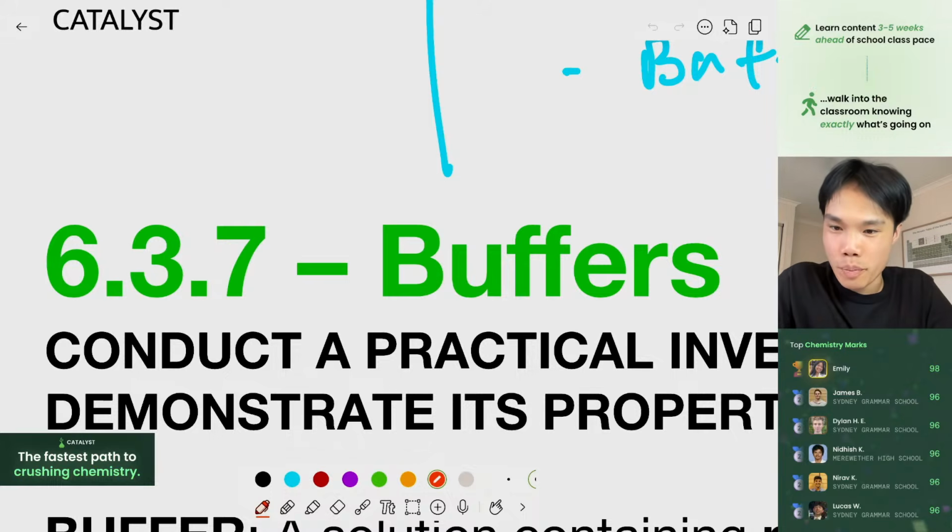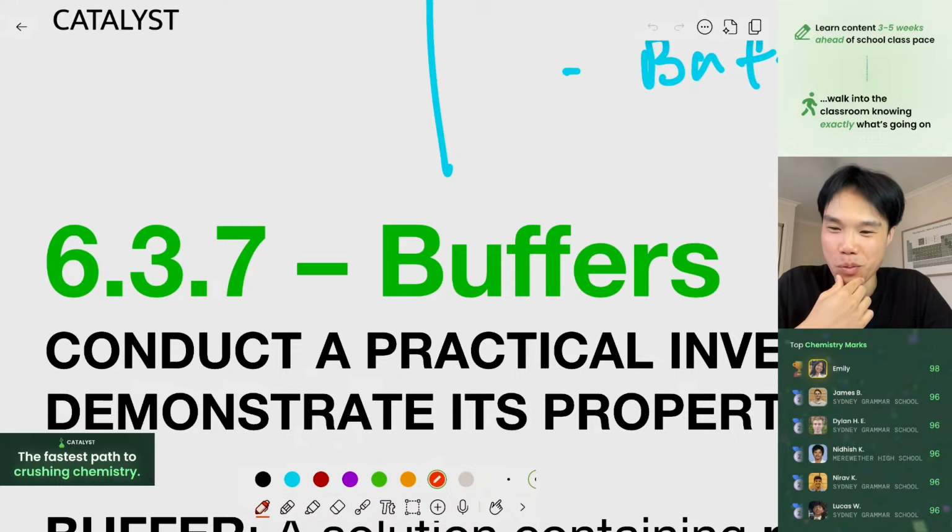Equimolar amounts of weak base and conjugate acid. Great. I'm liking this wording. Can we get someone to add on as well? What else would you add on?